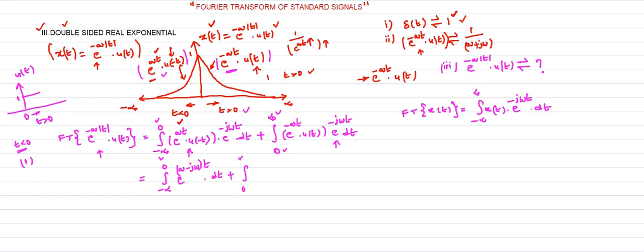So what about the second integral part? 0 to infinity, that is the second. So from 0 to infinity, what is u of t? Your u of t is 1 during the interval 0 to infinity. So e power minus at into e power minus j omega t is e power minus of a plus j omega times t, into dt.